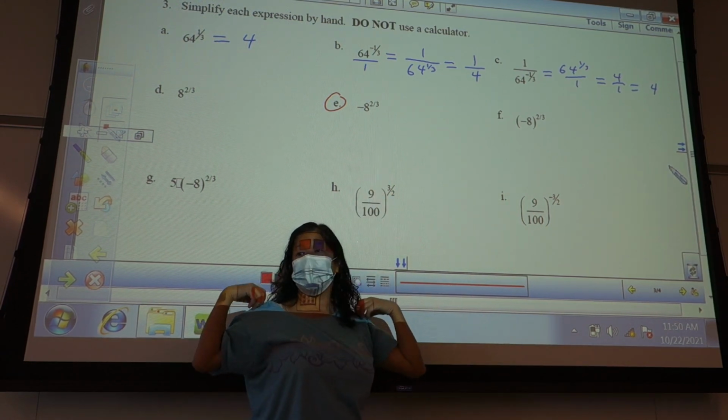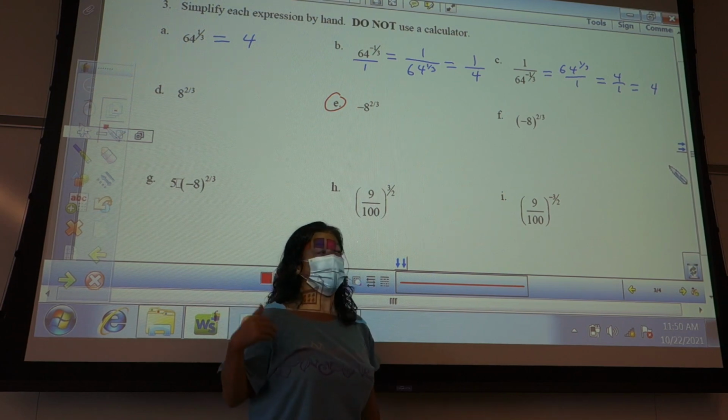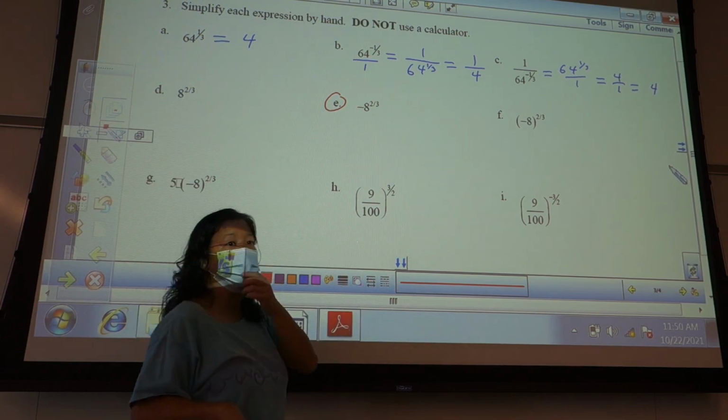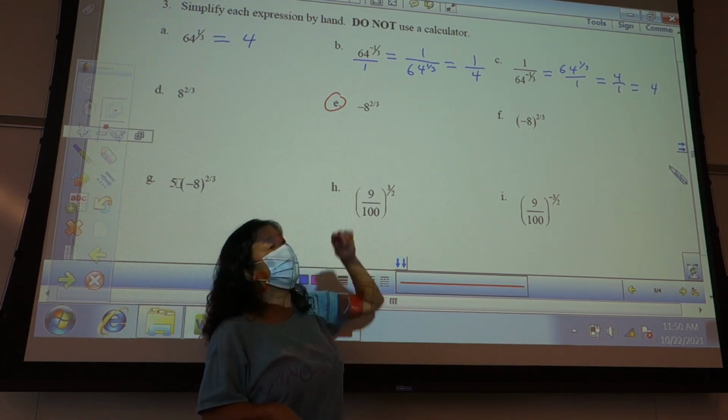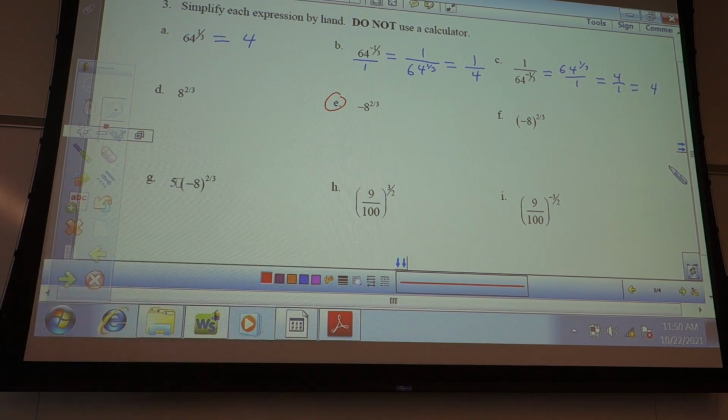The negative is like a negative 1 being multiplied in front of it, just like we had the 5 earlier. So we'll have negative on the outside, and then you have your little radical. What goes inside the crook? 3. 8 to the 4th.